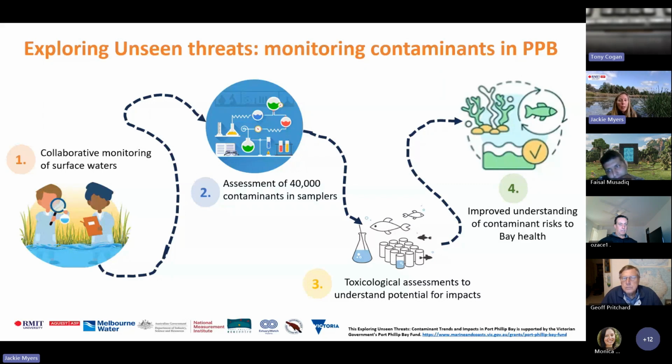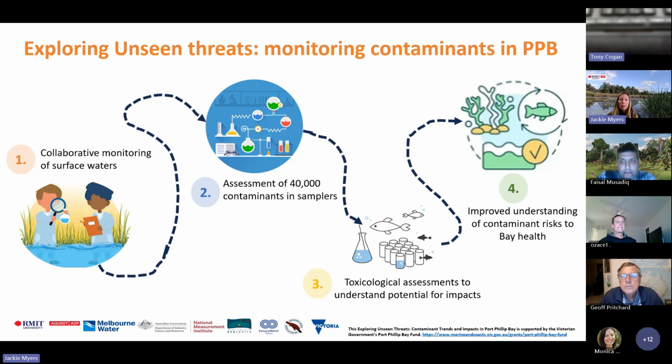During selected rounds, we will also conduct some toxicological assessments to evaluate the potential impacts on our flora and fauna. So overall, we'll be able to deliver valuable data on contaminants and their effects on bay health.